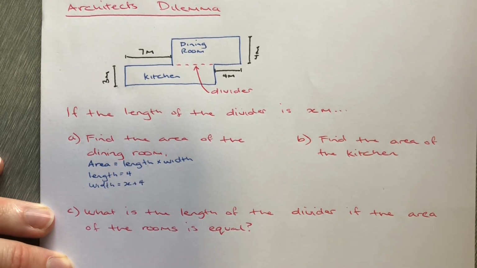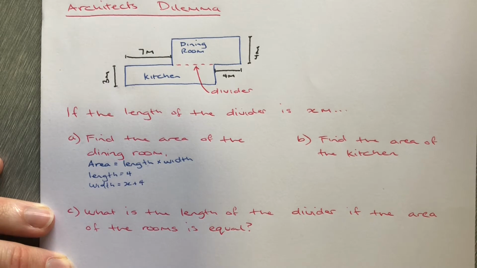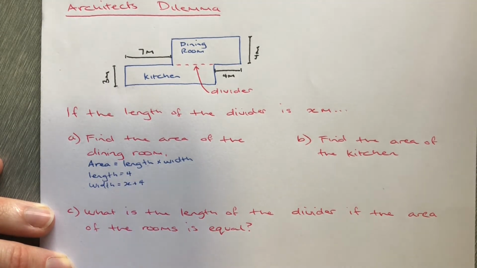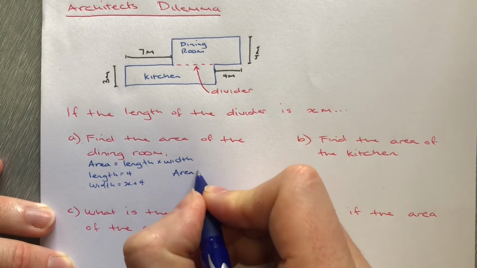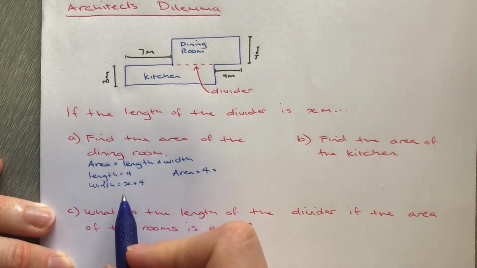Now, we were after the area, weren't we? And this is the formula that we use to find the area. So let's make the length 4, let's make the width x plus 4 and find out what the area is. So area equals the length, which is 4, times the width.